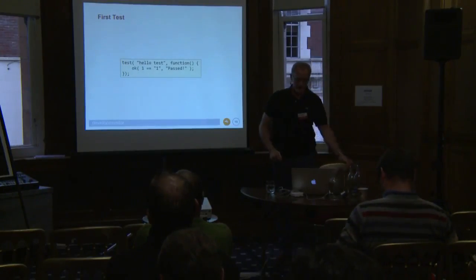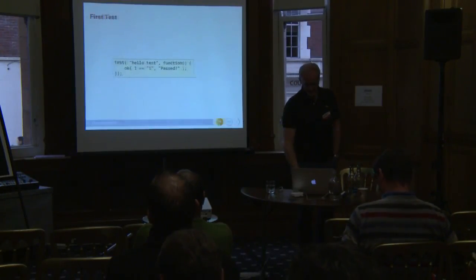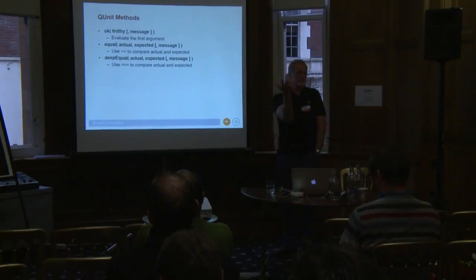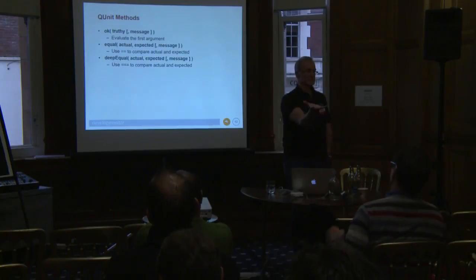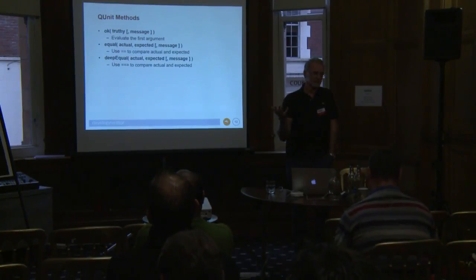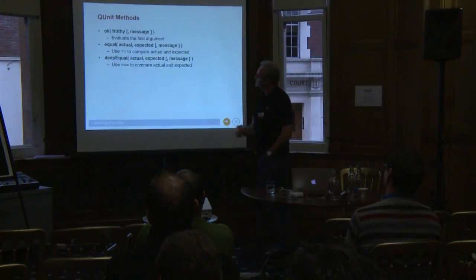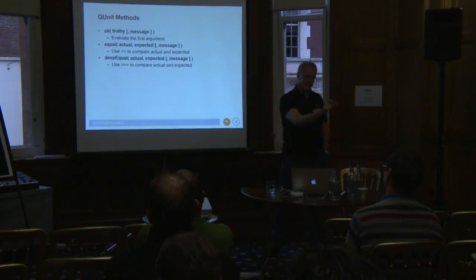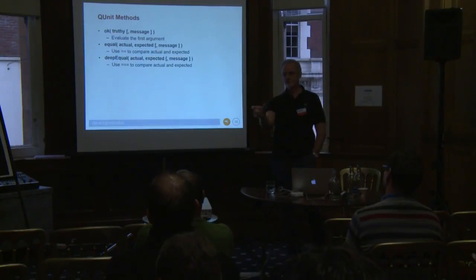And inside QUnit, there are some simple things we can do. If I go down to here, we can do OK and say, is the first value true? So if I say OK, true, that returns true. OK, false will return false. And a message to output if this thing fails: I was expecting something to happen, this is actually what happens.